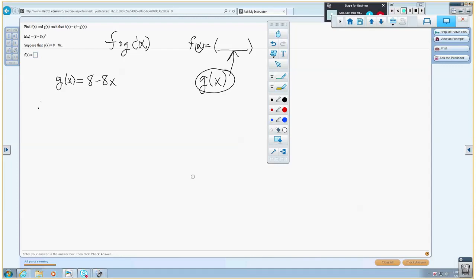Therefore, F of X is equal to what? Something squared. Well, what is something squared? How's another way to write something squared? F of X is equal to what? X squared.